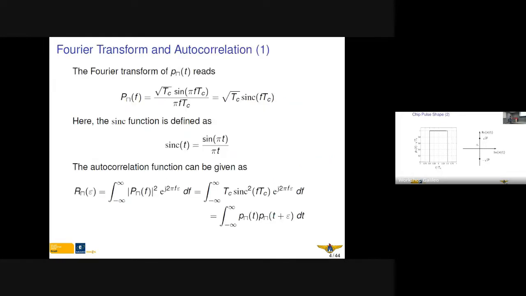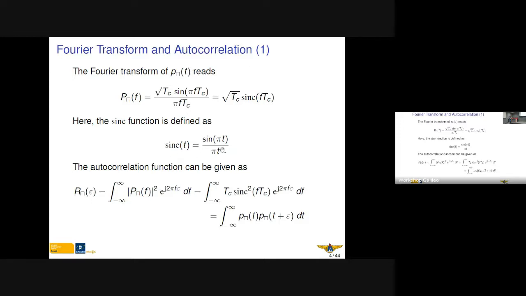The Fourier transform and the autocorrelation function of the rectangular chip shape can be calculated as we have seen yesterday. These are two important metrics to be considered when we talk about performance, when we calculate interference, and when we try to estimate parameters. So first, we can notice that the Fourier transform is a sinc function.